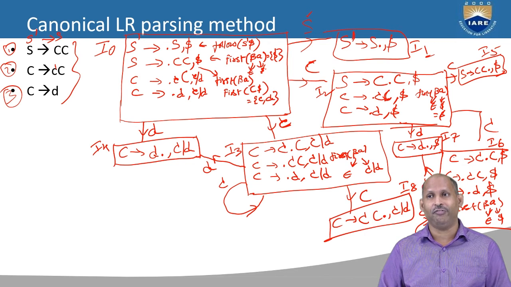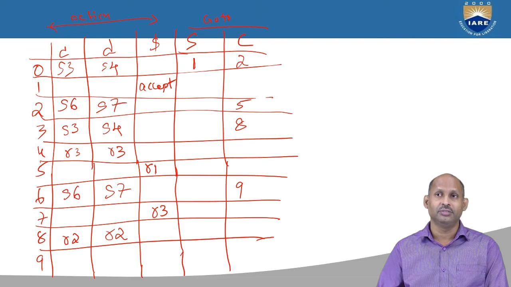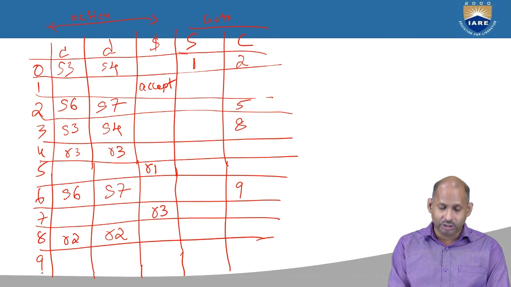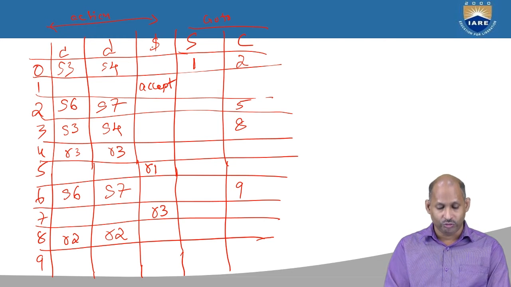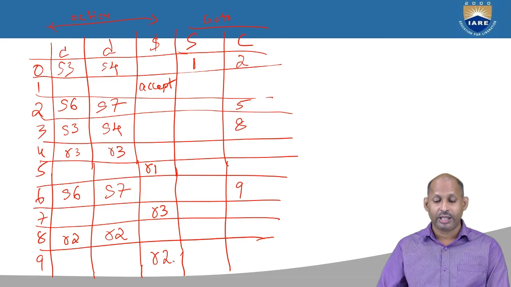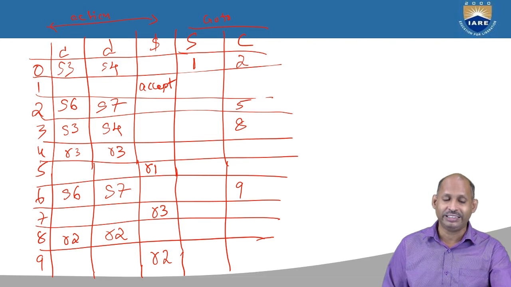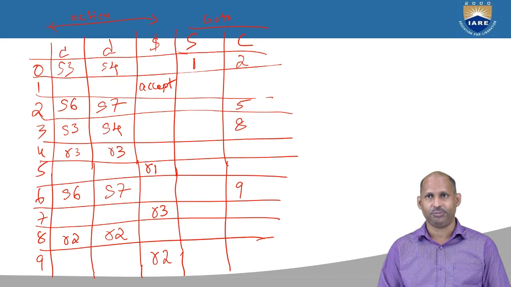So, we have to perform reduce operation on production 2. What is the locate symbol? The locate symbol is dollar sign. So, here in the ninth row, ninth state, dollar locate symbol, we write reduce the production number 2. Right? So, with this, the construction of the parsing table is complete.